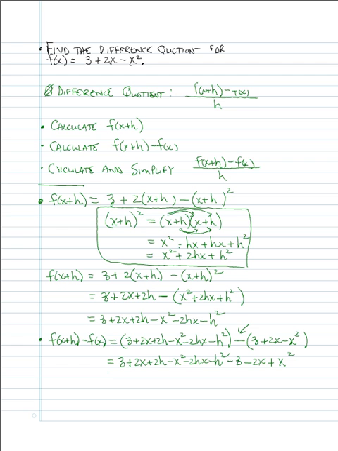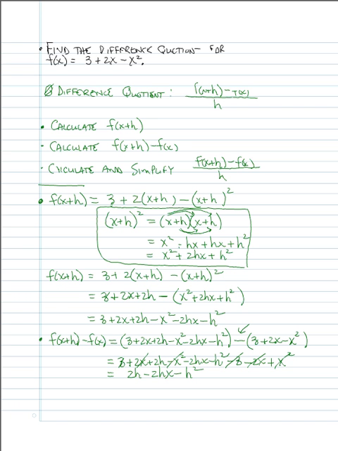Now I think that I can, in fact, simplify because I have a 3 minus a 3. And I have a 2x minus a 2x. And I have a negative x² plus an x². And so when the dust settles, it looks like I have a 2h minus a 2hx and minus an h² that's left. That's all that's left.